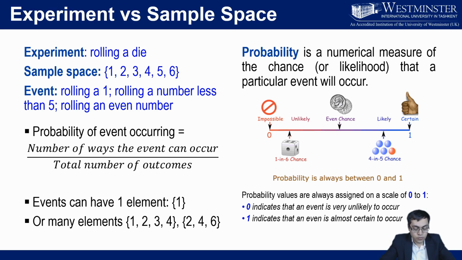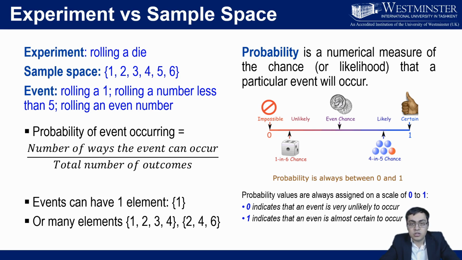And events could only have one element, such as the case when we want to talk about rolling a specific number, for example 1, or it could have many elements. For example, rolling a number less than 5, in that case there are 4 elements, or rolling an even number, in that case we have 3 even numbers on a die.